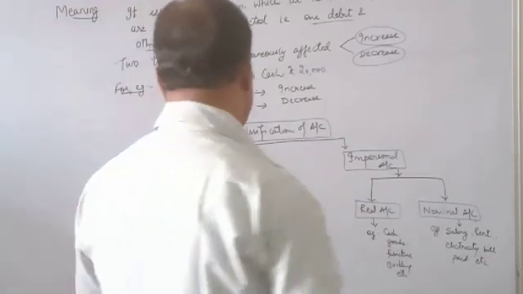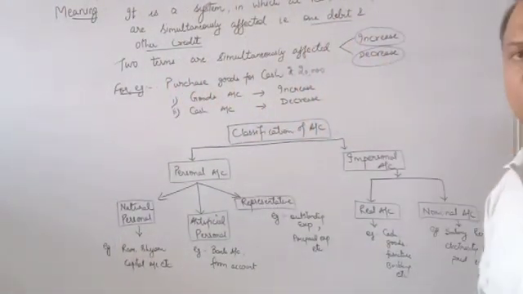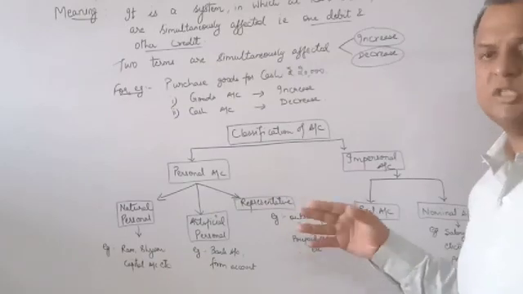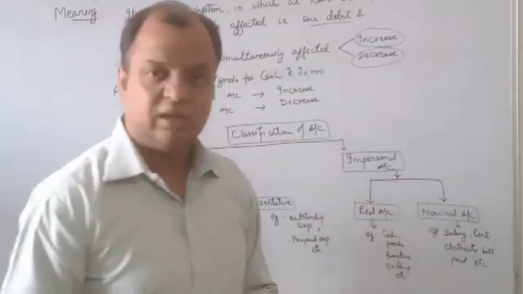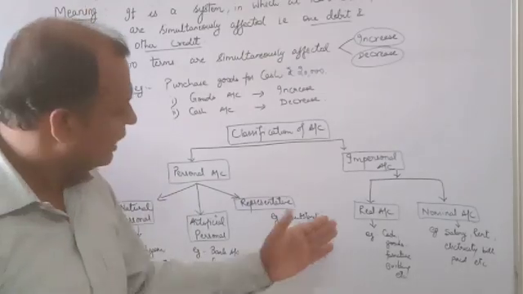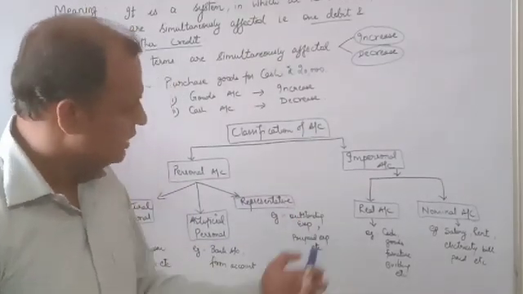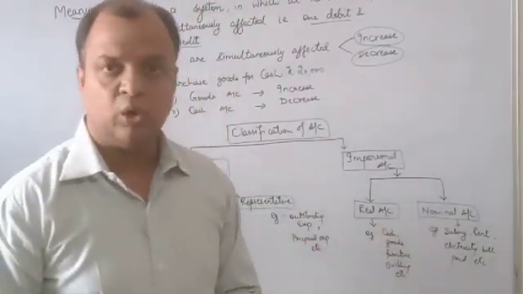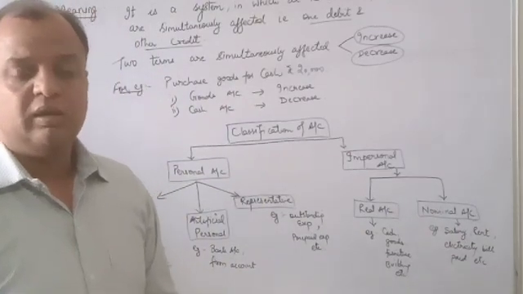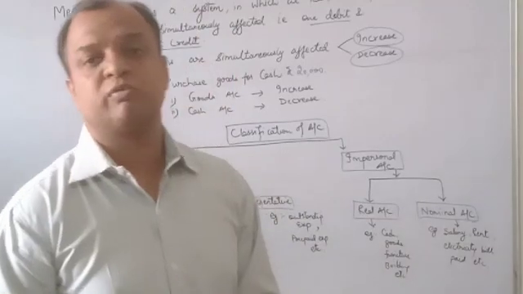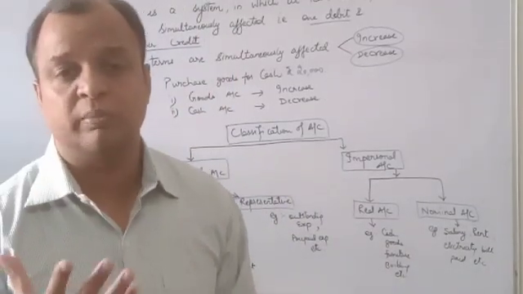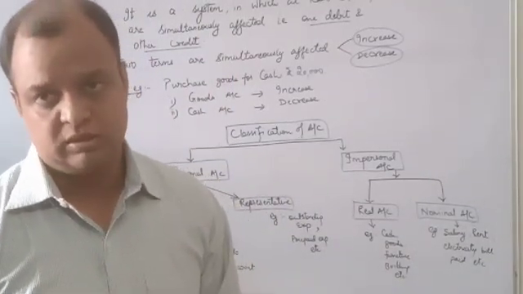Very simple to understand. All those accounts which are not personal in nature are defined as impersonal. They are classified further as real and nominal. Real accounts reflect the transactions which are assets or the properties of the business.